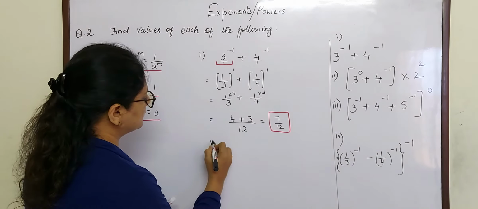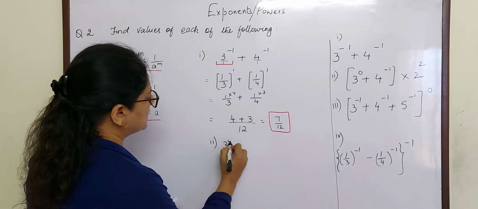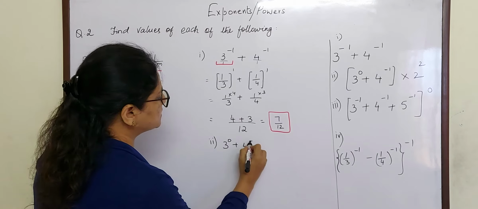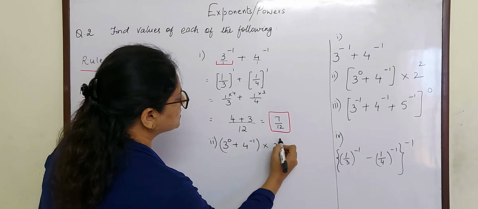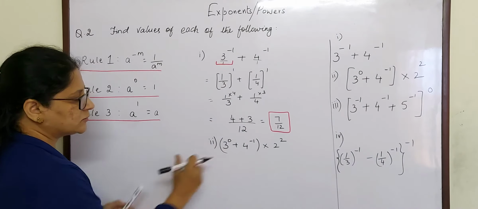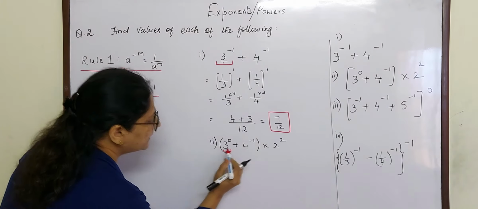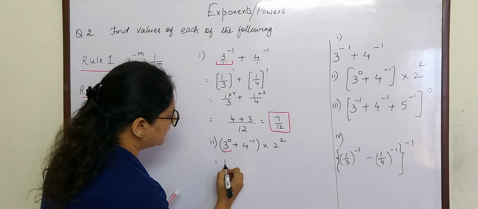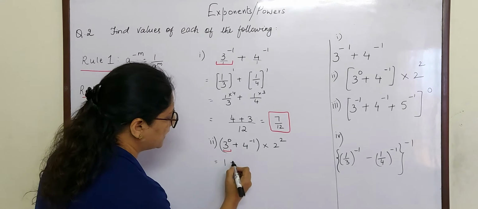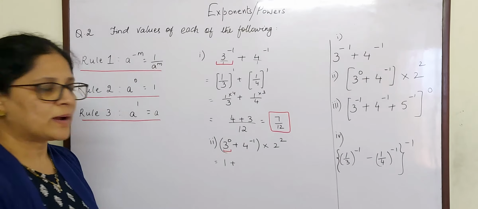3 raised to 0 plus 4 raised to minus 1 the whole into 2 square. Now what does the rule say? Any number raised to 0 is 1. Very good. Any number raised to 0 is 1 plus, now this is 4 raised to minus 1.